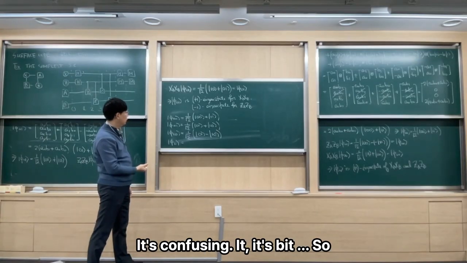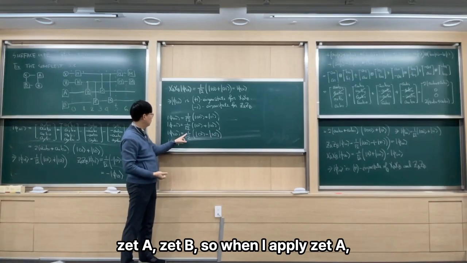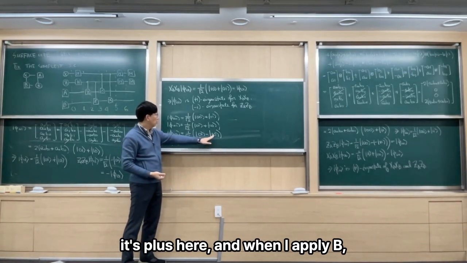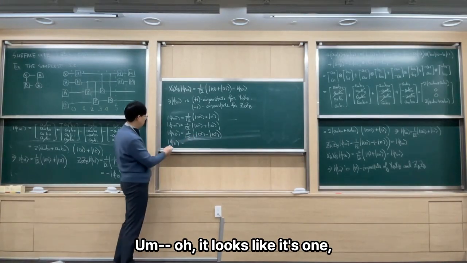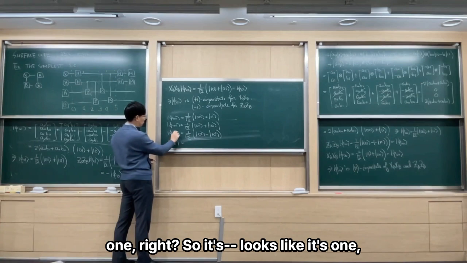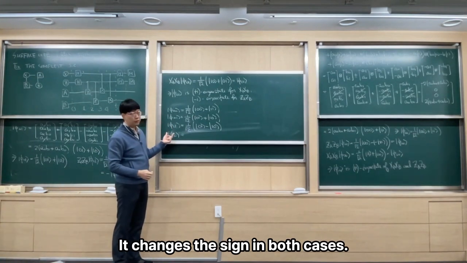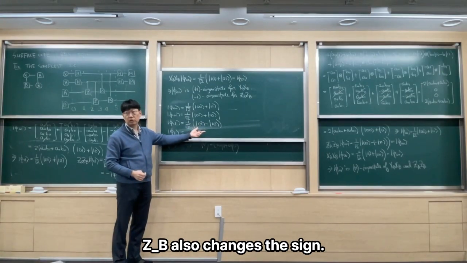Let's see, it's confusing. When I apply ZA, it's plus here, and when I apply ZB, it's minus here. It changes the sign in both cases. So XA, XB changes the sign. ZA, ZB also changes the sign.